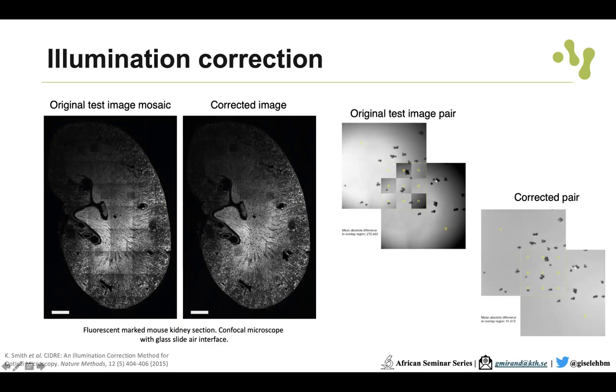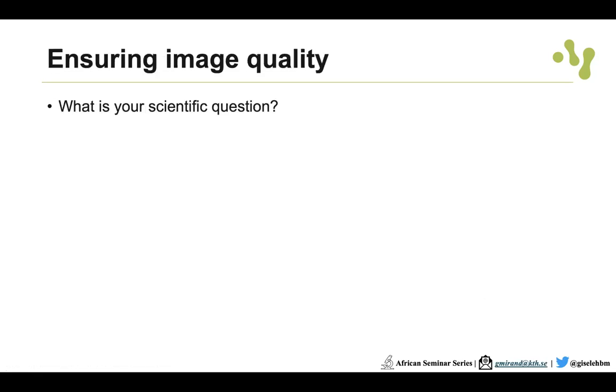And here we have the corrected version, and here as well. So here's an example of illumination correction. These are examples of what can be done with image analysis to improve the quality of your images.